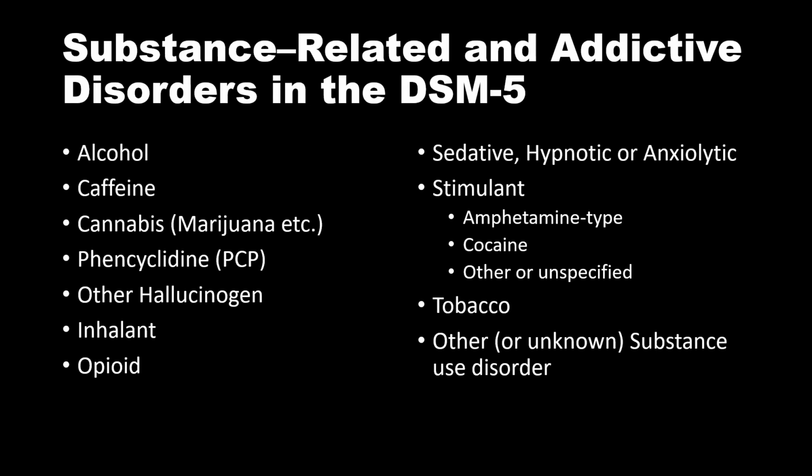Stimulant drugs are divided three ways: amphetamine type, which includes methamphetamine, cocaine, and other or unspecified. Tobacco is a separate category. And lastly, there is a category for other or unknown substance use disorder.